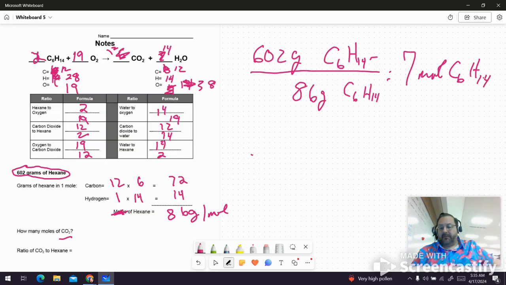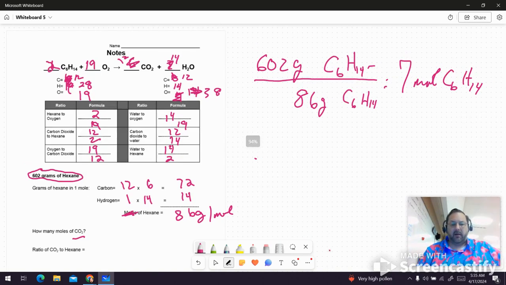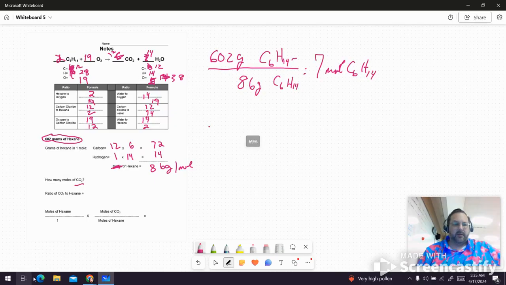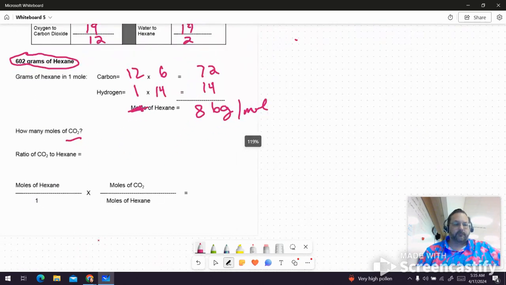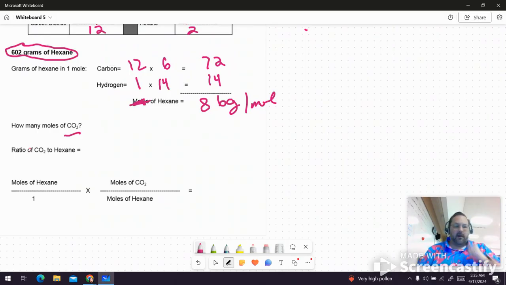I'm right back where I was just the other day, right? We already did this part. So I'm going to go down here and I go, all right, I want to find out how many moles of CO2 I have. How many moles of hexane do I have? I just figured it out. I have 7, so I just put 7 right there. Remember, this is the ratio of CO2 to hexane.